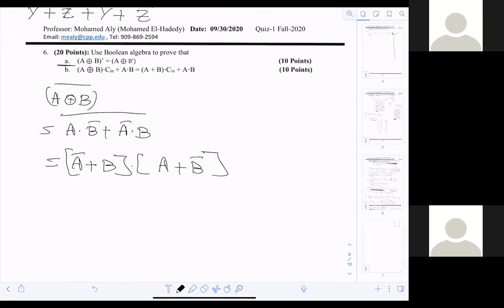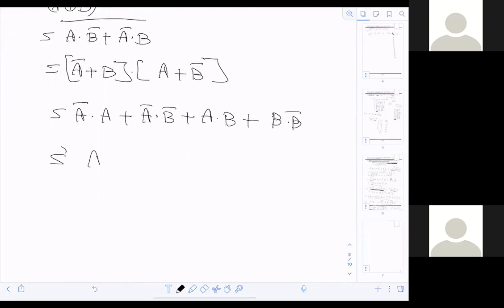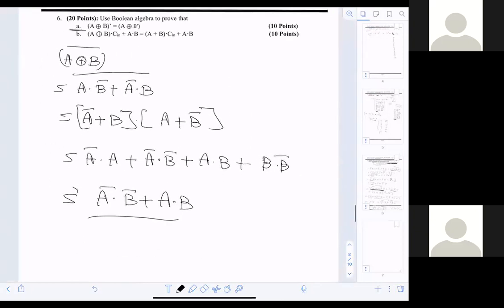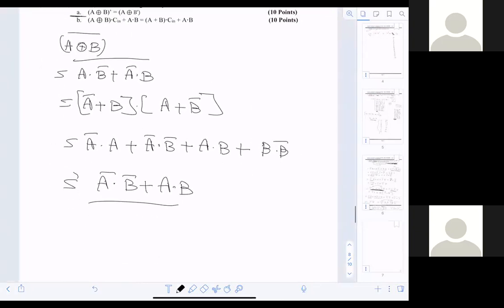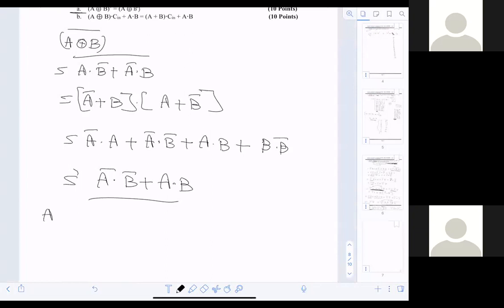Yes. Okay. Then I multiplied them together, and I got A complement plus AB plus A complement B complement plus B complement B. It's correct. Yes. Then we'll take the other one. Because I need to see whether they are the same or not, right?